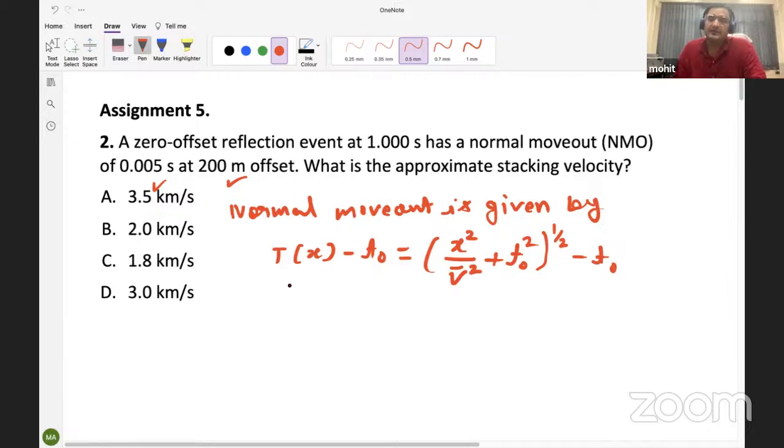Tx is the two-way travel time for x distance offset, and T naught is for the zero offset.